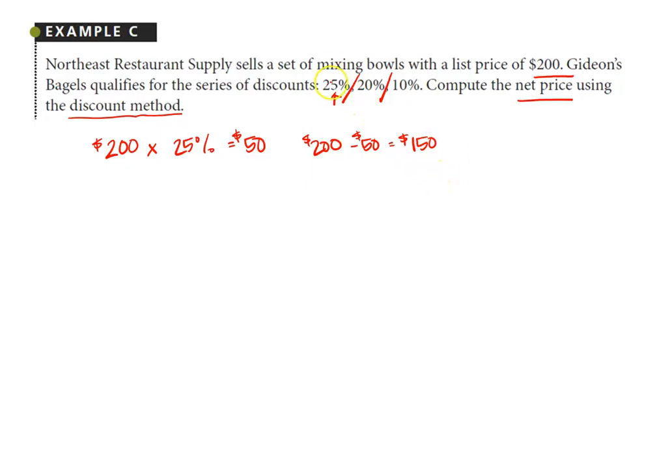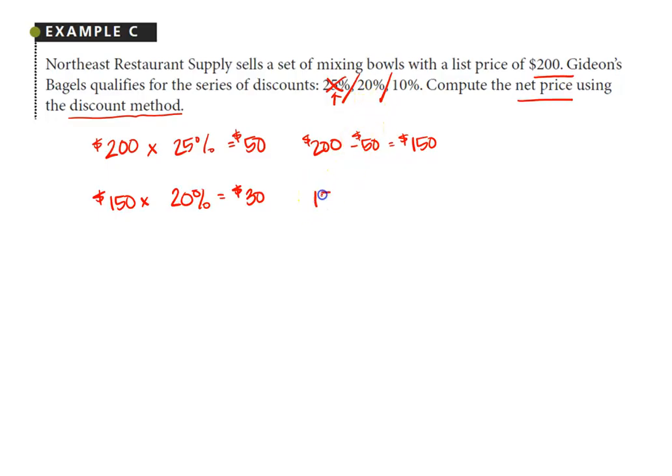So we've taken care of this 25%. Next, I'm going to take 20% of my new net price. So I'm just starting on a line below. I'm going to multiply that by 20%. And 150 times 20% gives me $30. I'm going to find the new net price after this 20% discount.